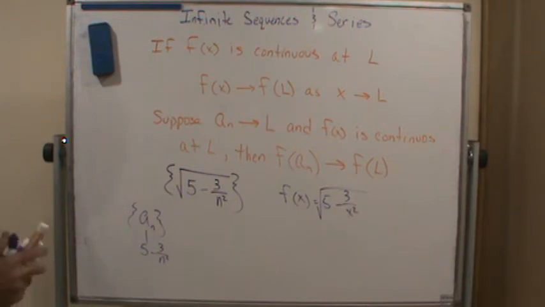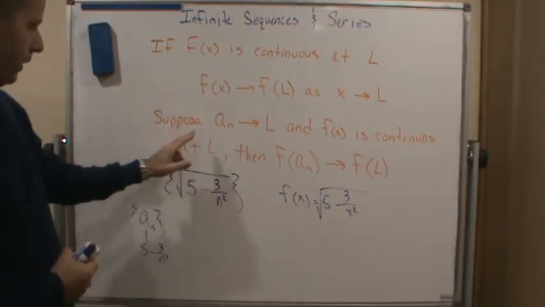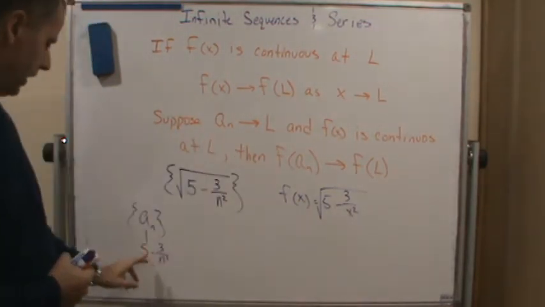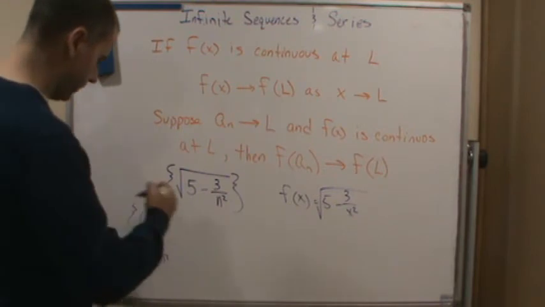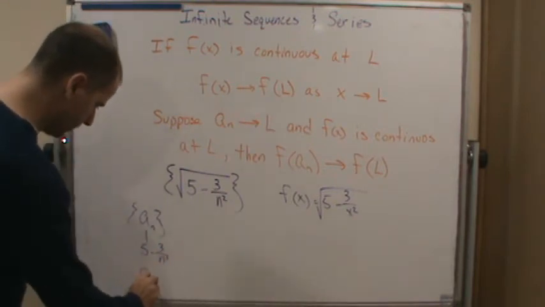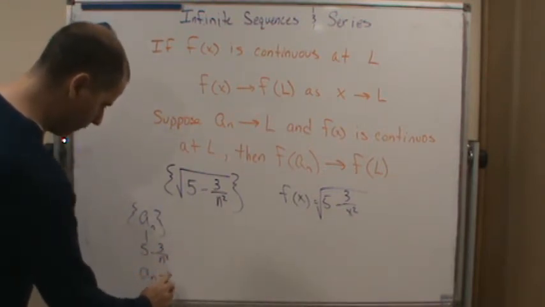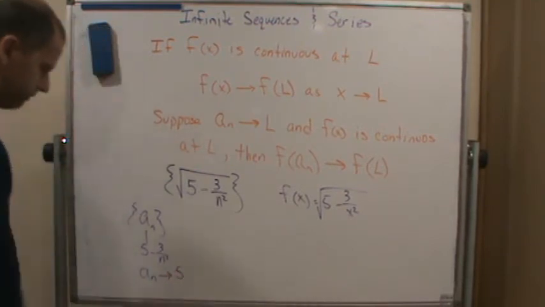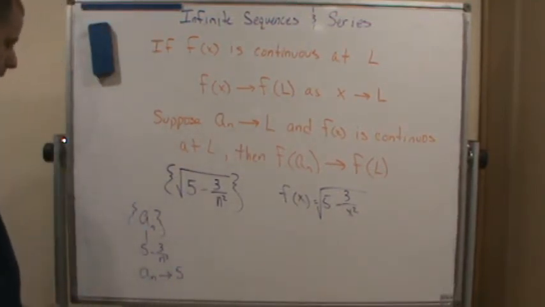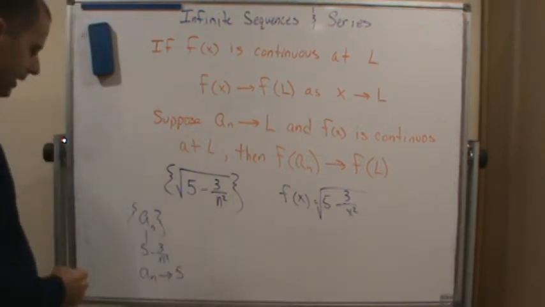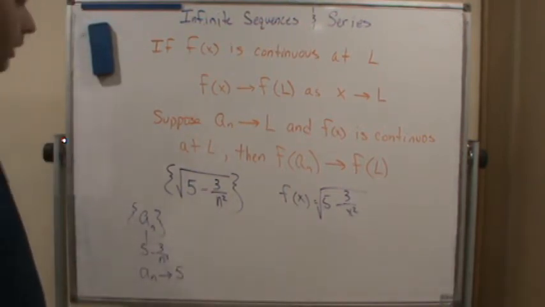Okay? So this fits the condition, right? So we have a sub n approaches L. So in this case, a sub n approaches 5, as n goes to infinity.